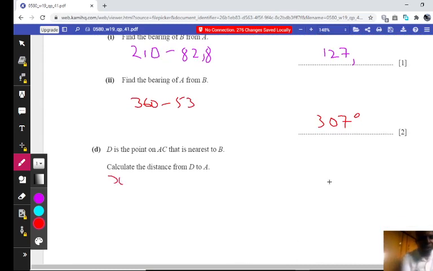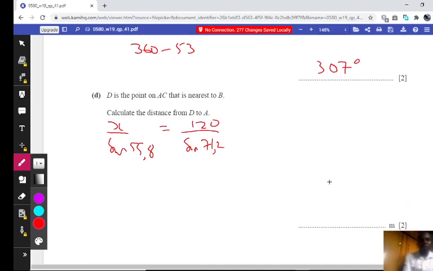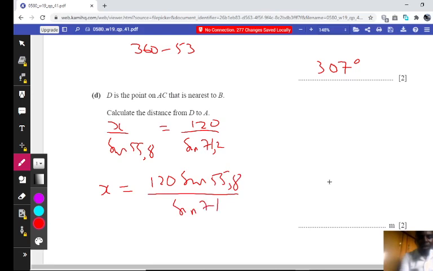So x over sine 55.8 is equals to 120 over sine 71.2, like this. Then you can just cross multiply by sine 55.8. You get your x is 120 sine 55.8 over sine 71.2.